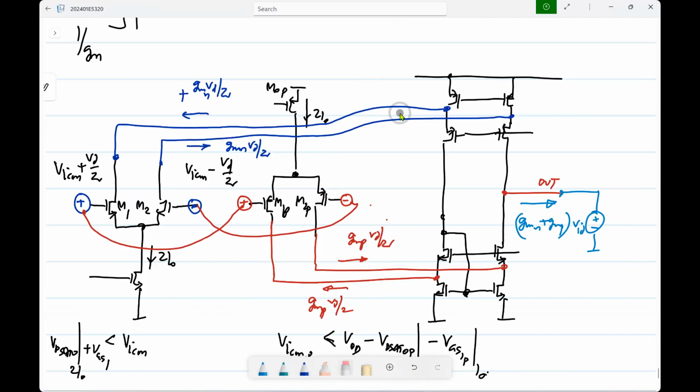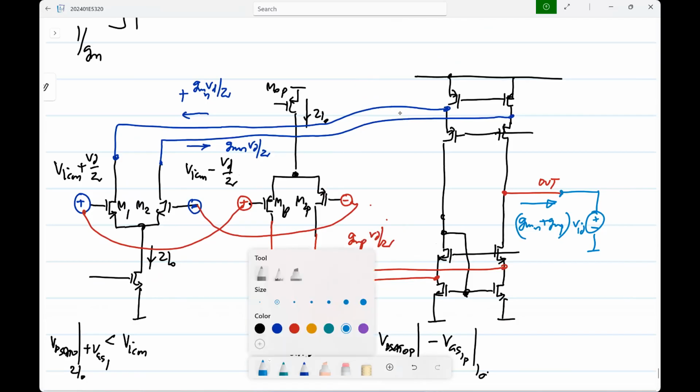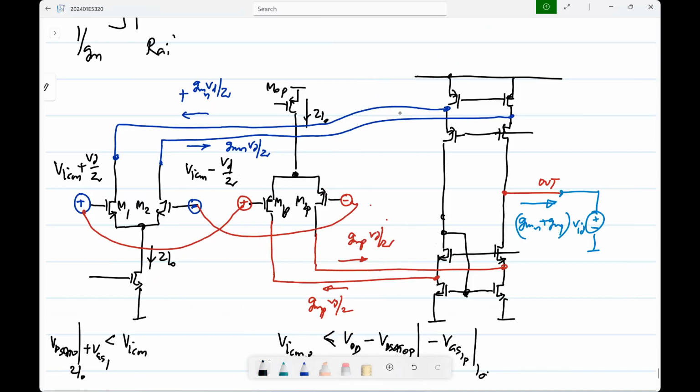So this is called a rail to rail input op-amp. So that folding structure helps you to add these two currents, so that one is not completely turned off. Is this clear? Is the principle behind this okay?